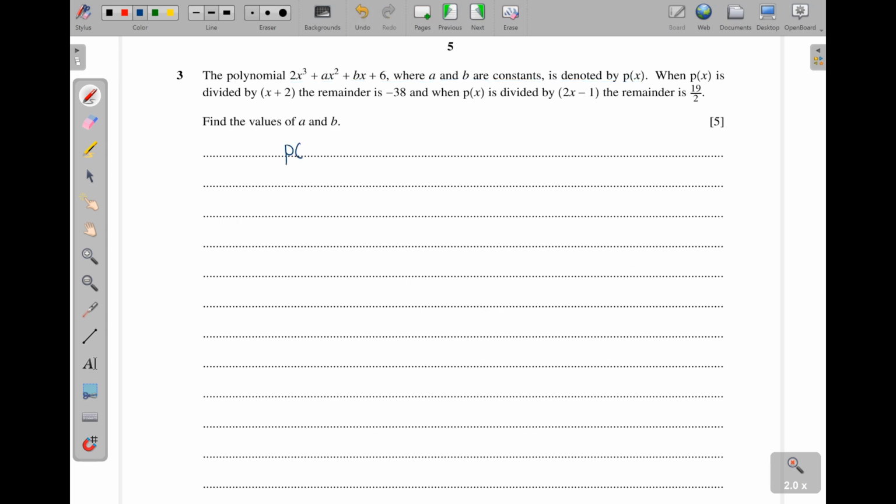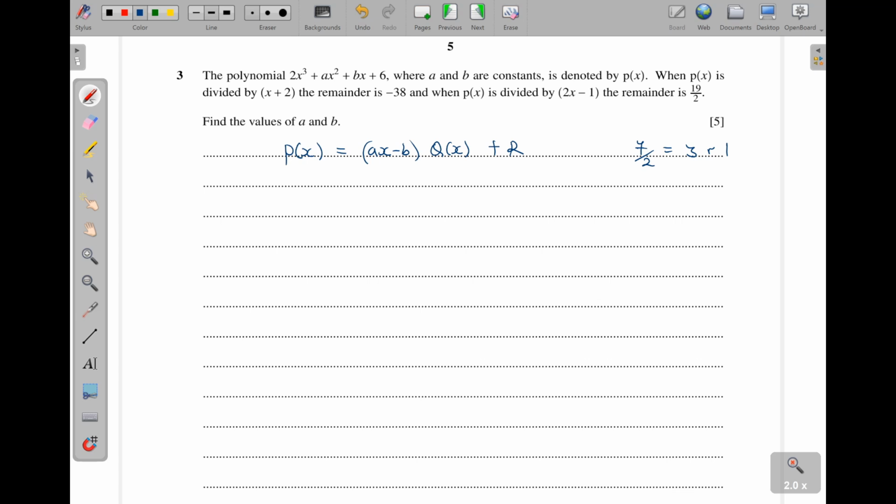That if I have p of x here, which is equal to the divisor, let's say it is ax minus b, then times the quotient, then plus the remainder, just like you can get 7 over 2 is equal to 3, then remainder 1, okay? 3 remainder 1.